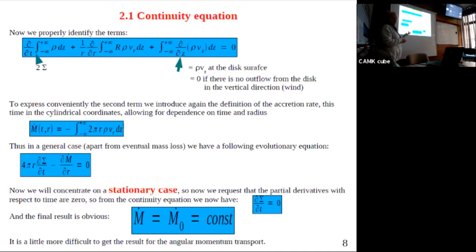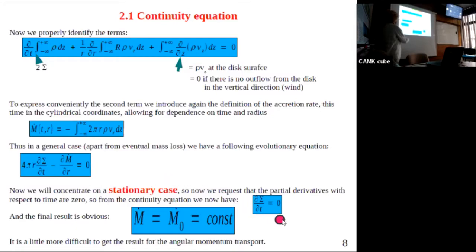In spherical coordinates, it was easier. You did not have to integrate. You had just 4 pi r squared. So now with those new quantities, you can have a general expression for the continuity equation, and as I said, we will use it later, where the time derivative of the surface density equals the space derivative of the accretion rate.